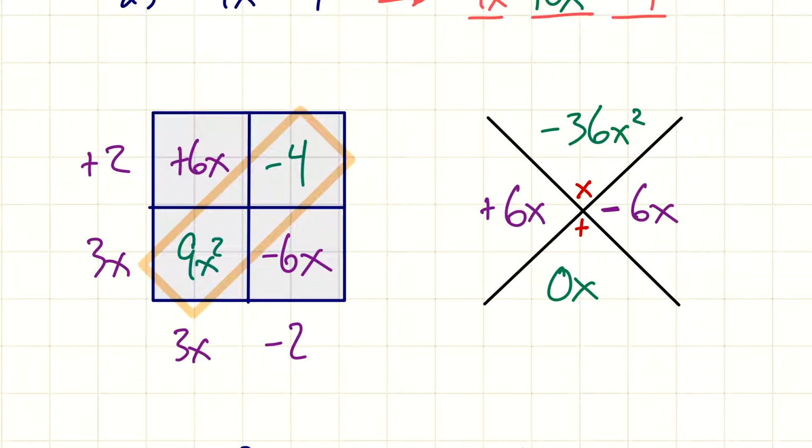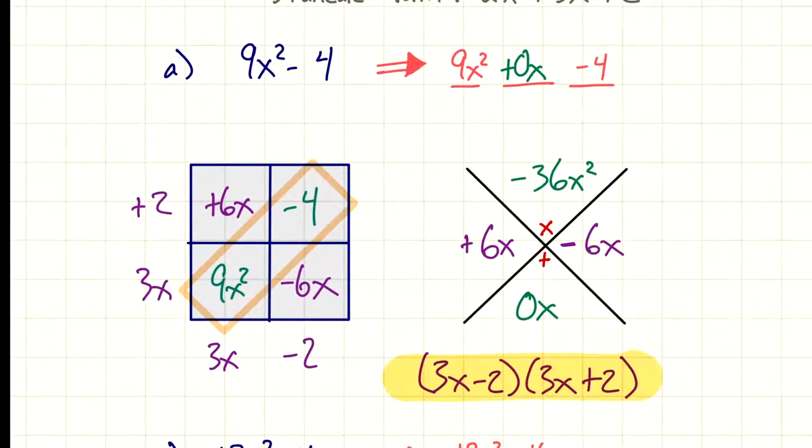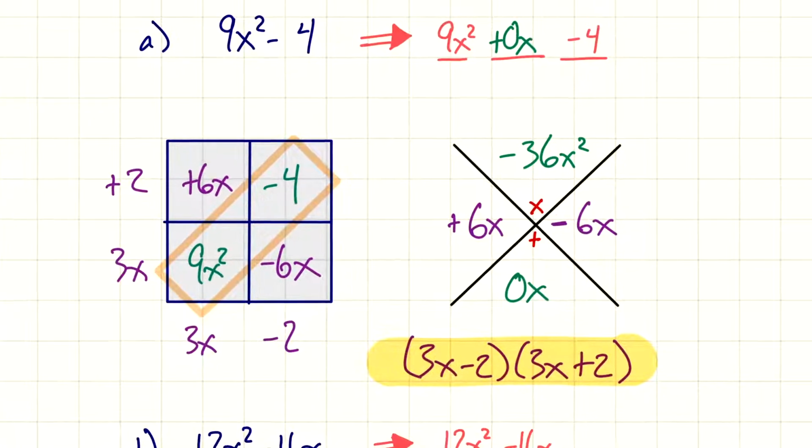All right. So then the factored form is going to end up being 3x minus 2 and 3x plus 2. And there's our factor. Right, so it wasn't impossible, even though I was missing the term.